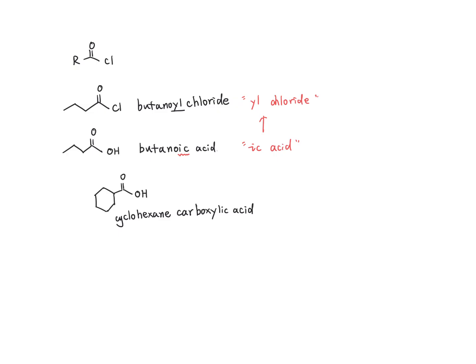This is when your carboxylic acid group is on the ring. So now what we are going to do is change this -ylic acid to -nyl and chloride.